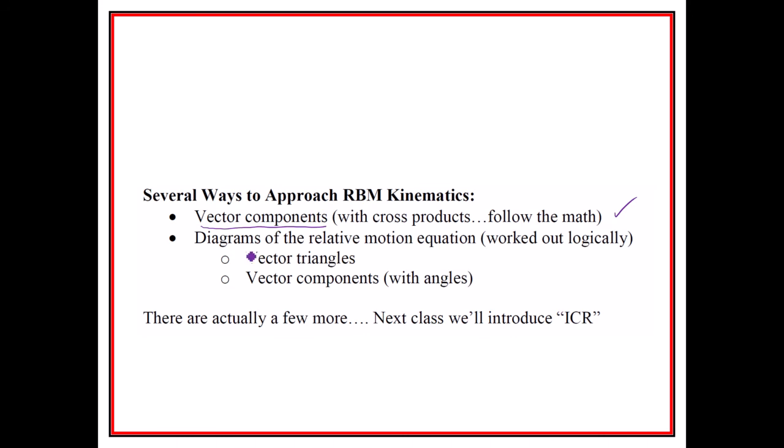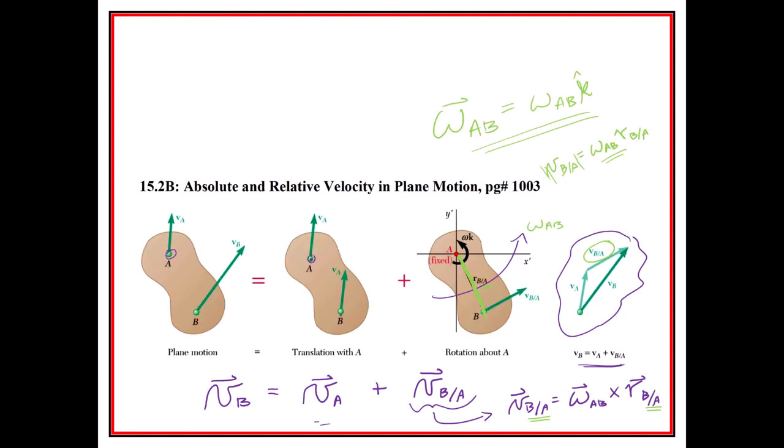Another way is the diagram method. I like to say the three diagrams, and that's really describing the relative motion between 2 points on the rigid body. With that, you could use vector triangles. You could use the vectors and add them together as we've seen up here.